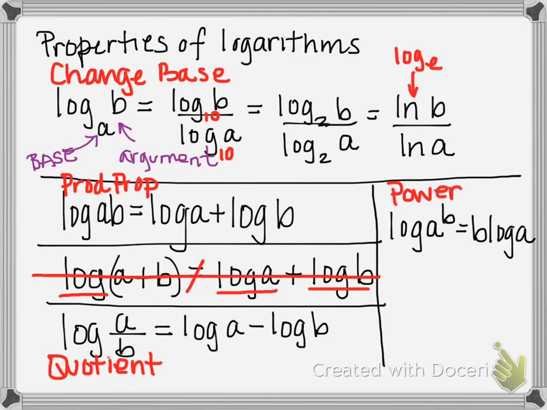The power property of logarithms allows the exponent of an argument to become the coefficient of the log expression. So we'll take a look at just a couple of problems that will require several of these properties.